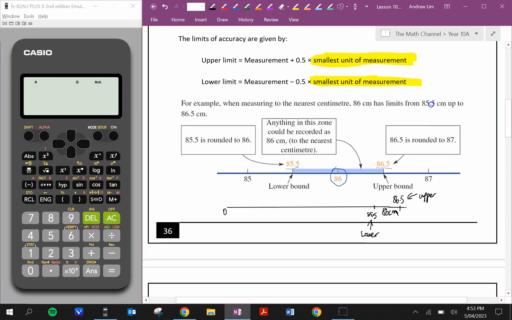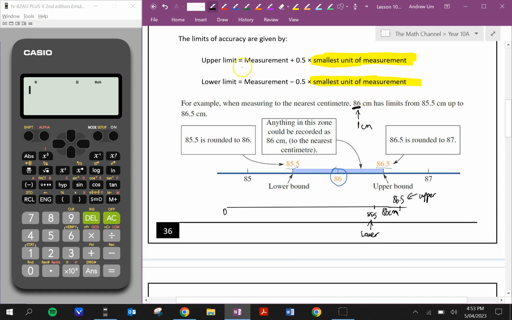Now you can see here, according to the formulas, it says measurement plus or minus half times the smallest unit of measurement. Let's say our ruler only does the nearest centimeter, which means if we measured 86 centimeters, for the smallest unit of measurement we look at the last digit and it becomes a 1. The smallest unit of measurement is 1 centimeter. So half of 1 centimeter is 0.5 centimeters.